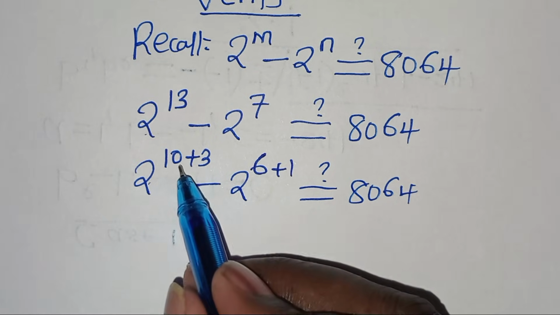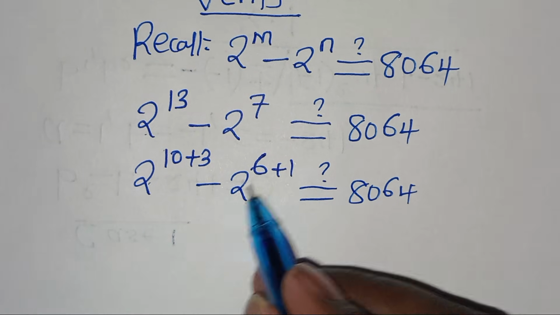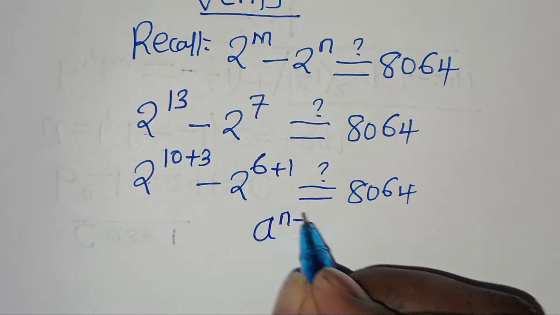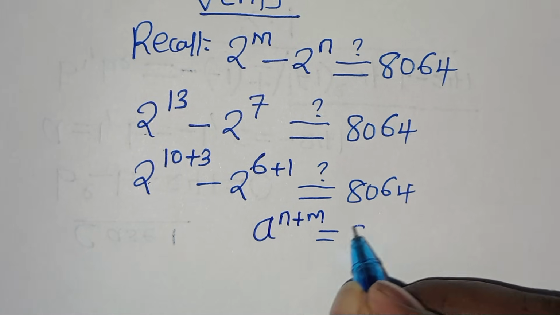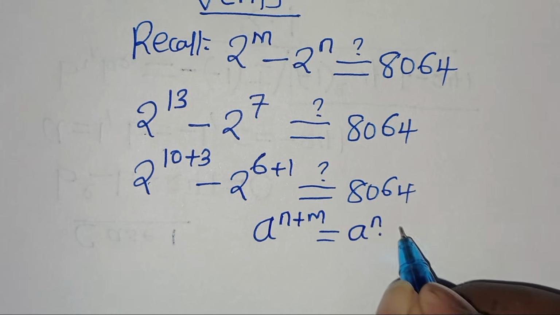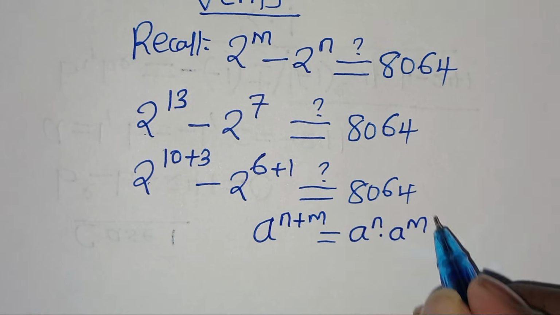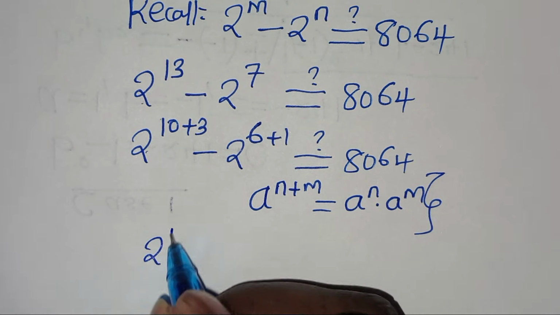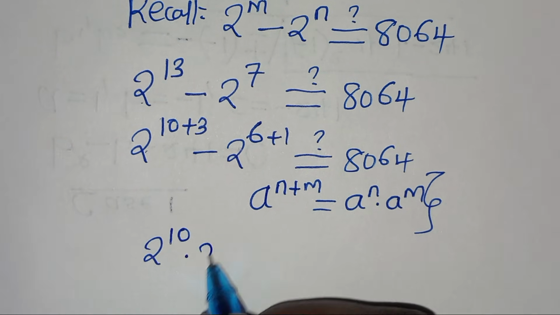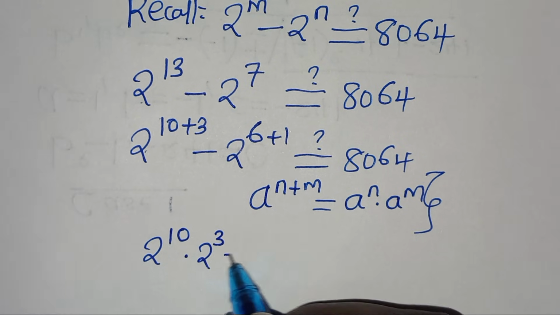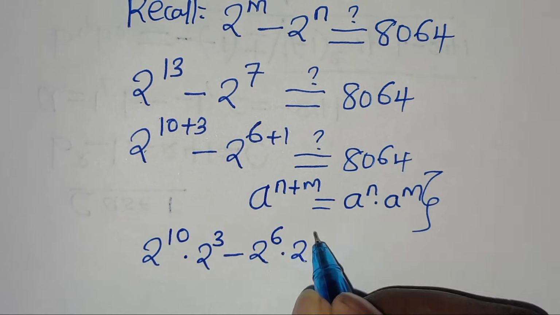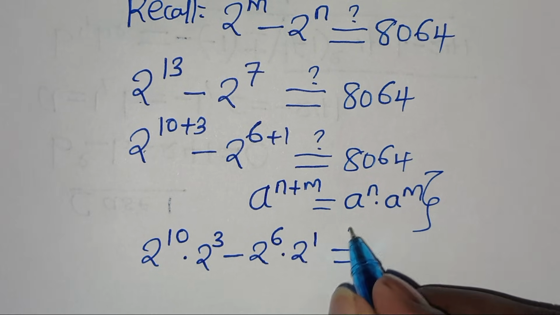Now, 2 raised to the power of 10 plus 3 and 2 to the power of 6 plus 1 are in the form of a to the power of n plus m, which we can express as a to the power of n times a to the power of m. Now, this implies that we have 2 to the power of 10 multiplied by 2 to the power of 3 minus 2 to the power of 6 times 2 to the power of 1.